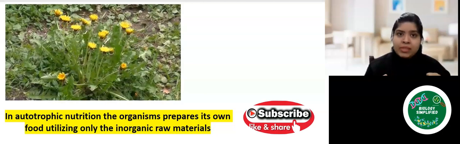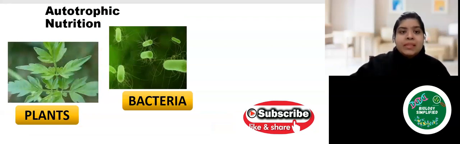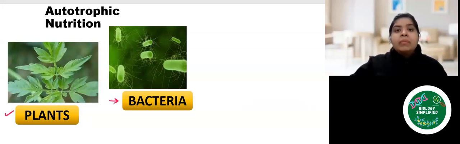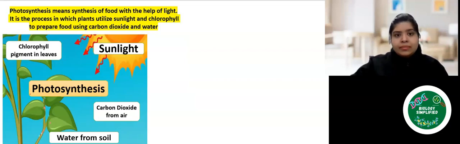When we talk about autotrophic nutrition, in this mode of nutrition, the organisms prepare their own food by utilizing inorganic raw materials. Examples of autotrophic mode of nutrition are the green plants, and there are some photoautotrophic bacteria also which prepare their own food using inorganic raw material.